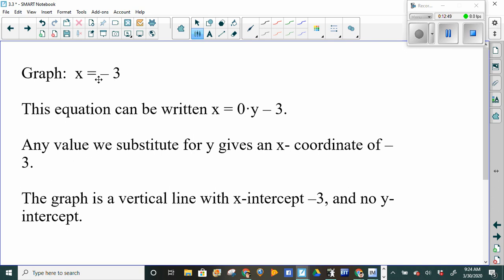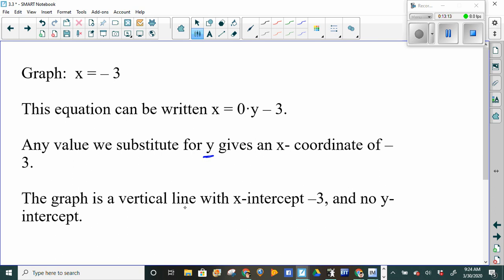So we're going to graph x equals -3. It can be written in the form of x equals 0 times y, meaning 0 times y is 0, and 0 cancels out. So any value we substitute for y, no matter what, because we're multiplying by 0, is going to give an x-coordinate of -3.